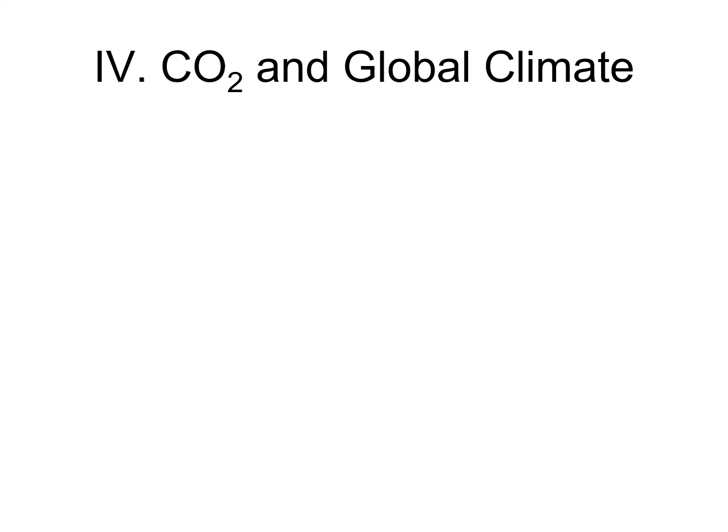The last topic we're going to cover in this unit is the relationship between carbon dioxide and global climate. Ecologists talk about nutrient cycles, the way that nutrients such as nitrogen and phosphorus and carbon cycle within an ecosystem, within the globe.